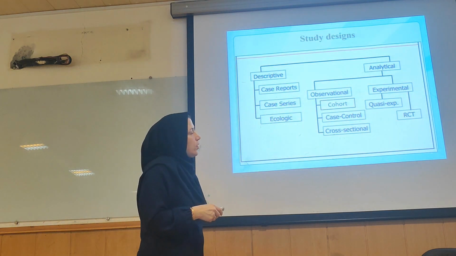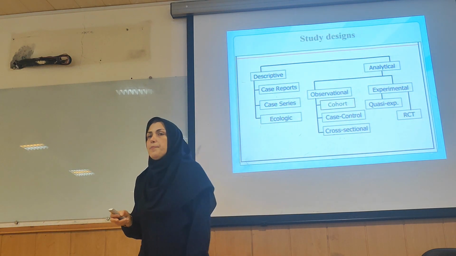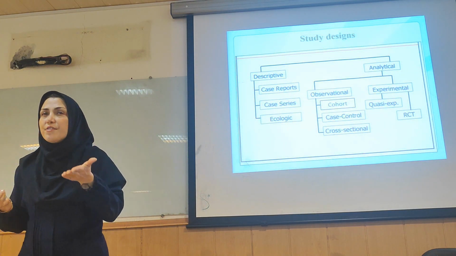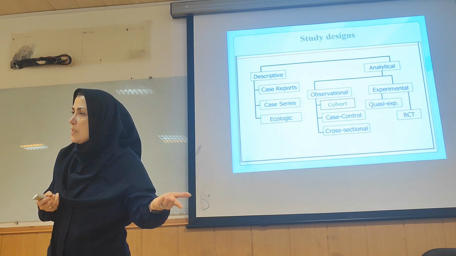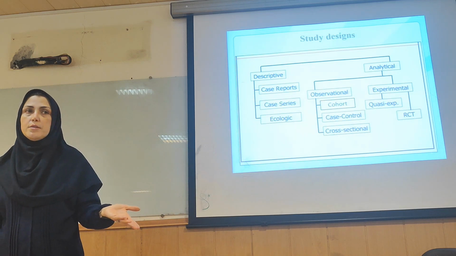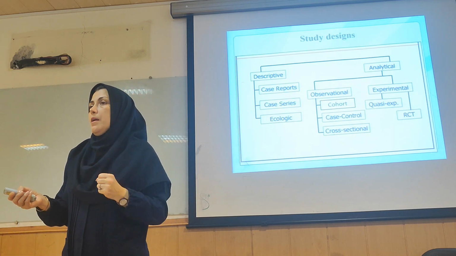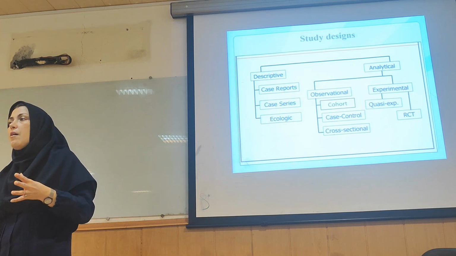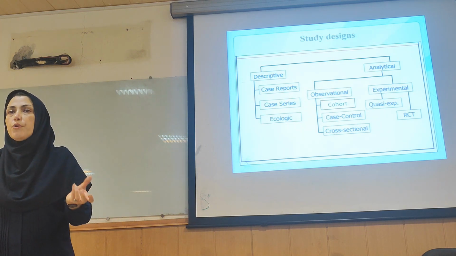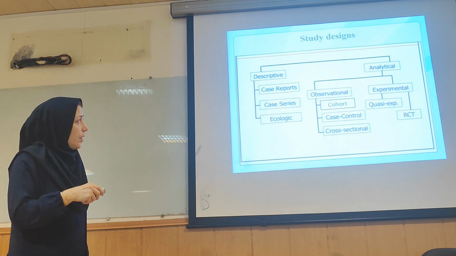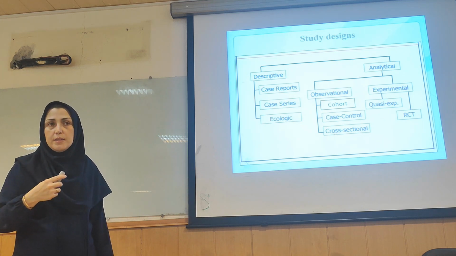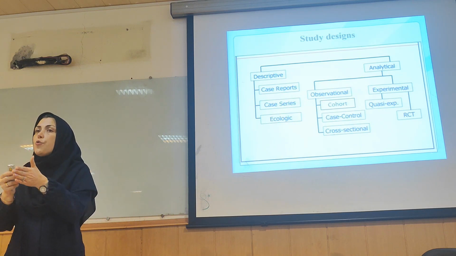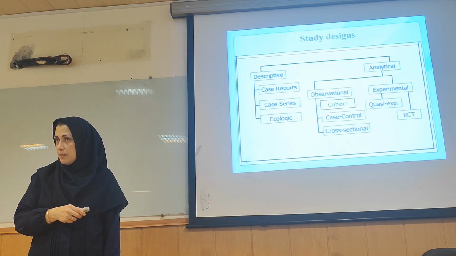But when we want to do some tests for relation, for example, if there is any association between smoking and diabetes or not, if using more salt can increase the risk of stroke or not, all of them are analytical, and we should have a specific design to answer these questions.